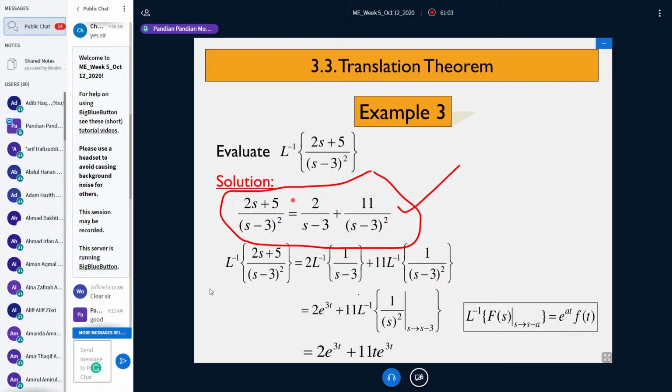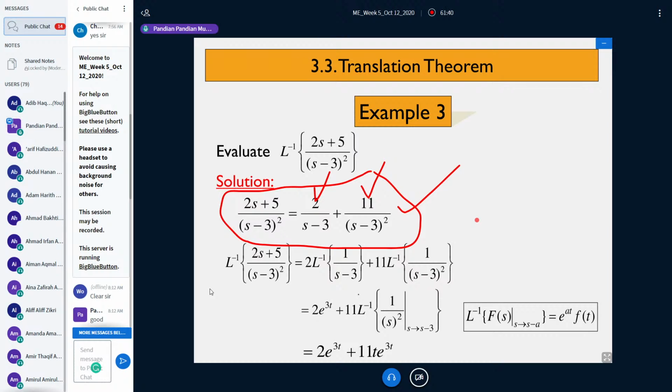Because this is px plus q, you must find A and B, 2 and 11, using any method. It's up to you. That's why this part they skipped. A missing step doesn't mean that there is no step. There is a step, but it is not shown here because you have to do it by any method.